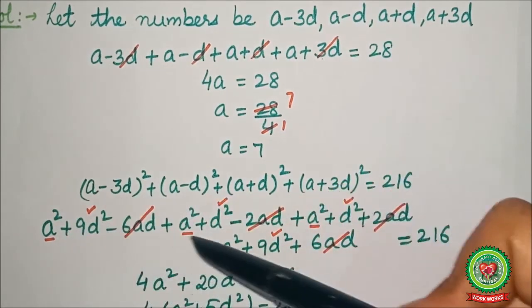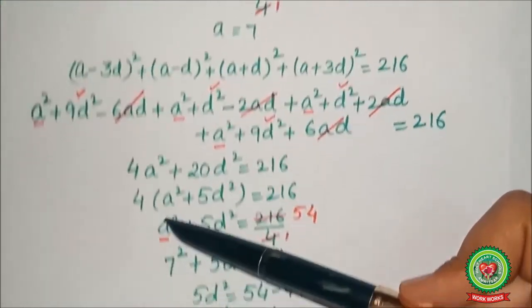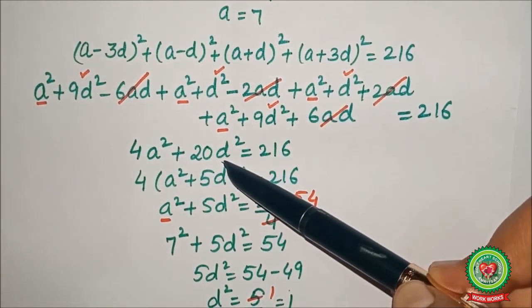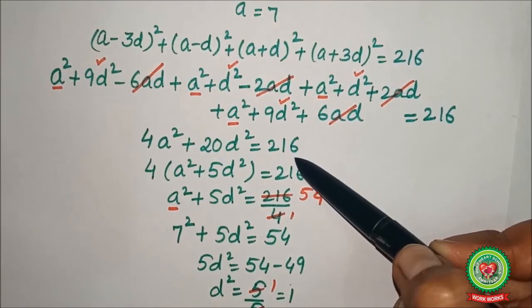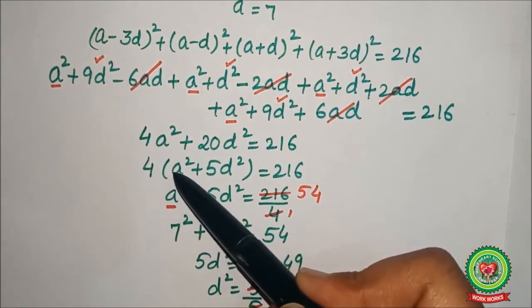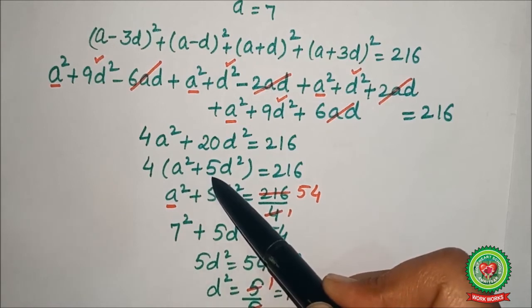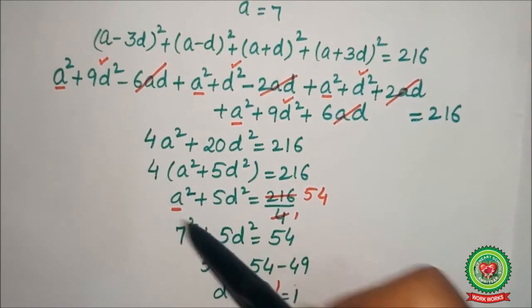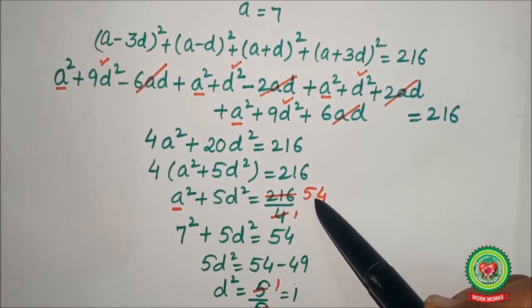On adding a square, we are getting 4a square, then d square, that we are getting 20d square is equal to 216. Now here 4 is common, so take 4 common. a square plus 5d square is equal to 216 upon 4. When you shift 4 on this side, you are left with 54.